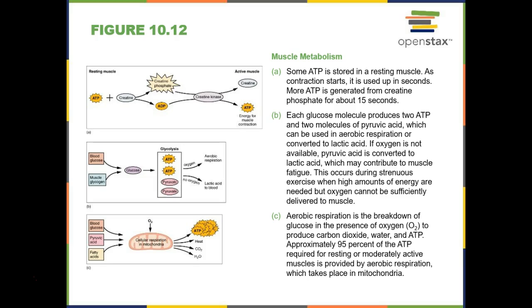The first is taking ATP and just breaking it down immediately. We have ATP that's just in our cells, and that stored ATP can break down and produce a small amount of energy.